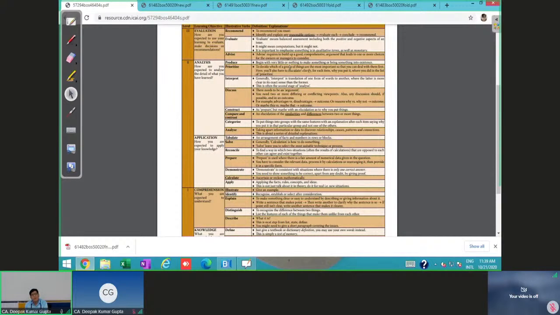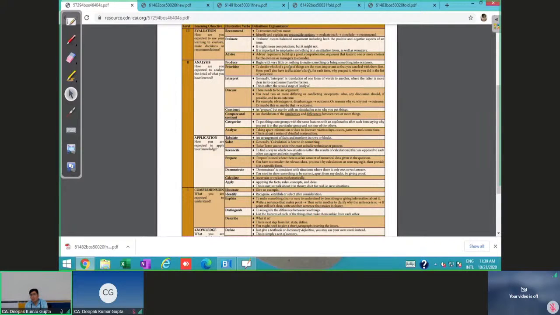In the evaluate verb, you have to give positives as well as negatives, and after giving positives and negatives, you have to give a proper conclusion. In recommend, you have to identify and explain reasonable options.